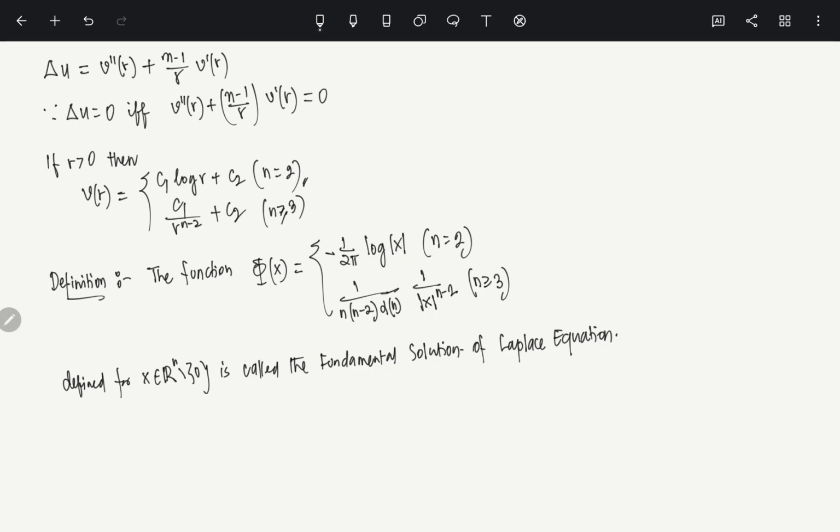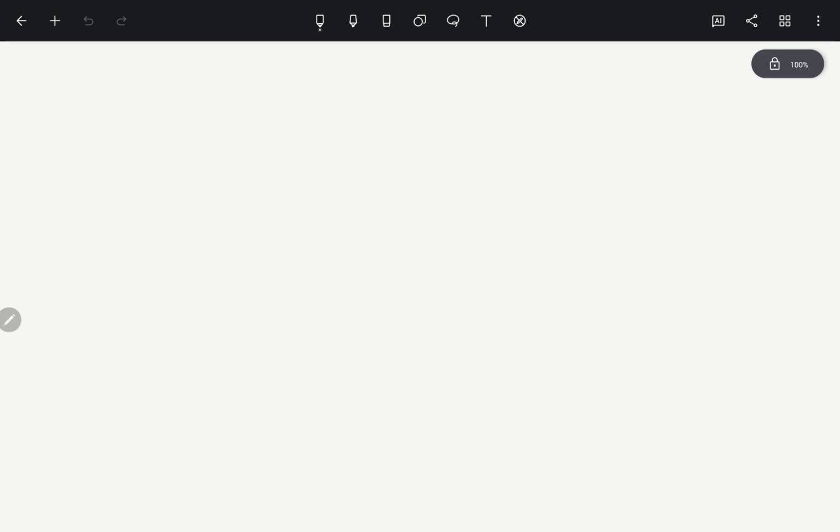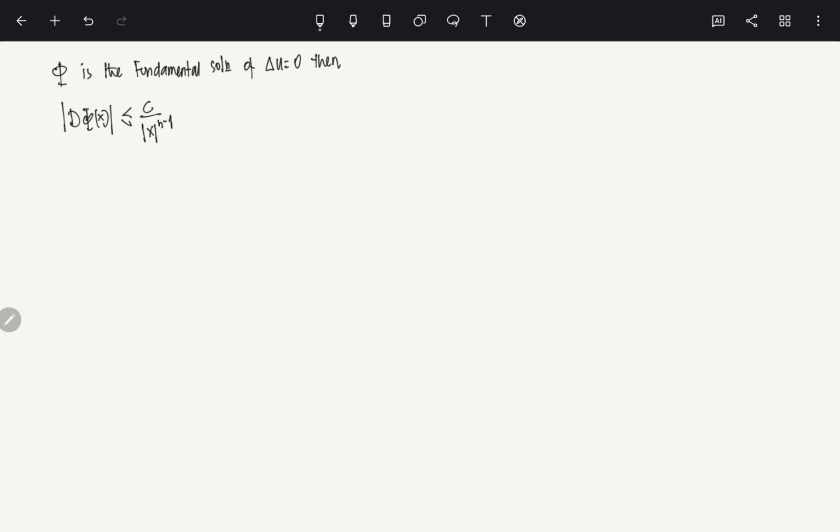Now we'll look at one particular thing. If phi is the fundamental solution of Laplace u equals 0, then the gradient of phi x is dominated by c by mod x to the power n minus 1.